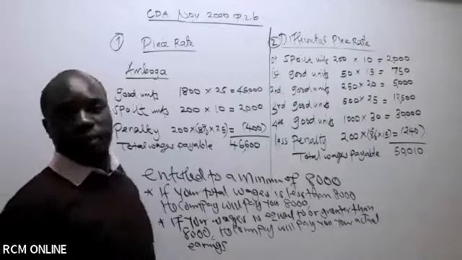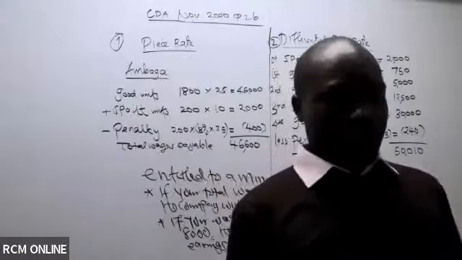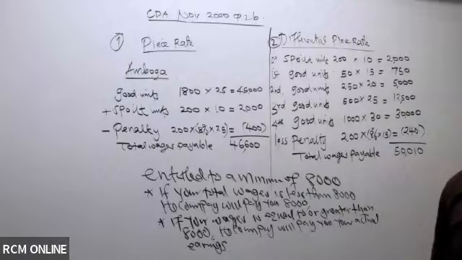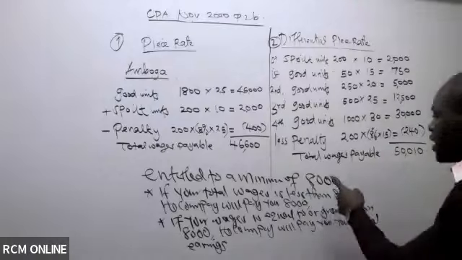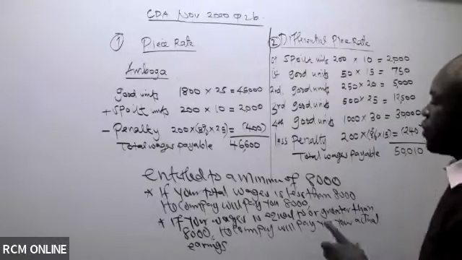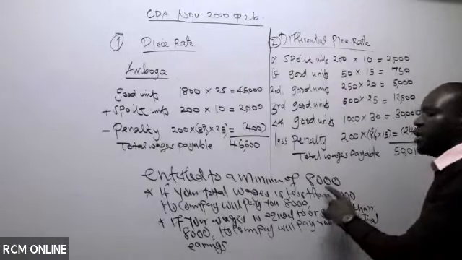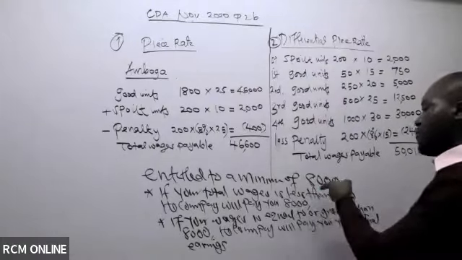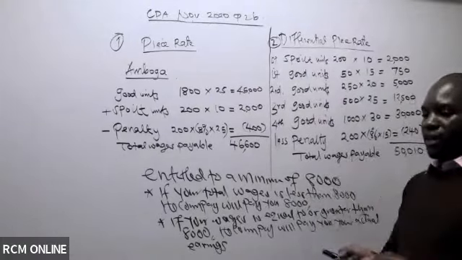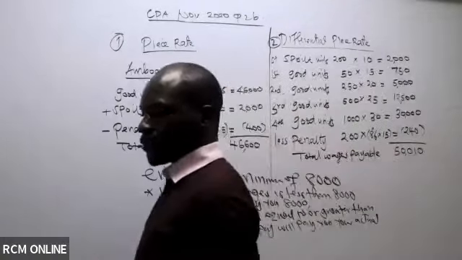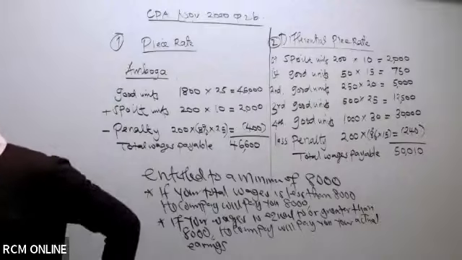Is it now clear? If you worked for the entire month, and we calculate and get that what we are supposed to pay you is 7,000, we cannot give you 7,000. We will give you 8,000. But if your total earnings is more than 8,000, we cannot give you 8,000. We give you that actual earning. Is it clear now?